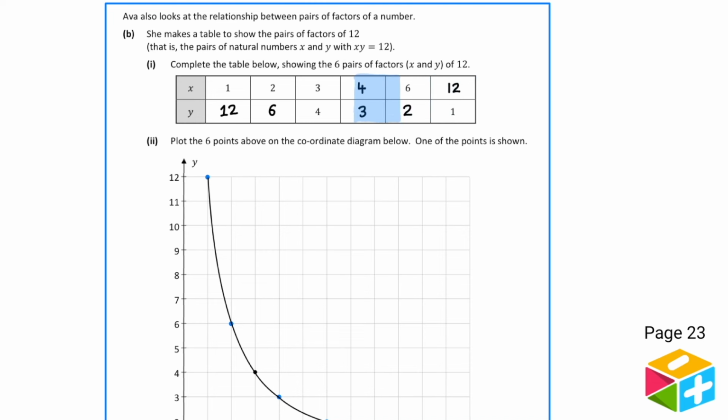There was one column in the middle which had neither box filled in. Each of the rows should contain all the factors of 12. If you look through the x row, you'll notice that 4 is the missing factor, so that's what we should write in. To find the corresponding y value, we divide 12 by 4 and get 3.